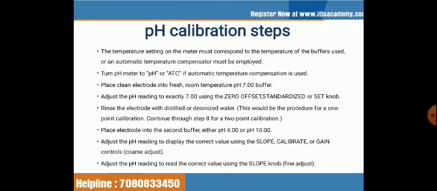You have to first rinse your electrode with deionized water or distilled water, blot dry it, then dip it into the particular solution. If you are getting the accurate reading for the pH of the solution, then it should be understood that the pH meter is properly set.